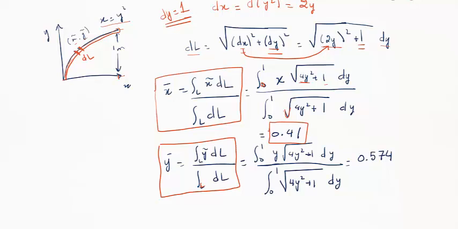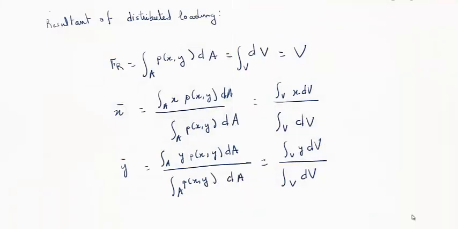So it's going to be integral 0 to 1 y square root of 4y squared plus 1, and so on. Now if you look at the difference between this and this, here we have x, here we have y, and then we get a value of 0.574. All these are fairly simple, it's basically just doing the equations. There's nothing special to it really.